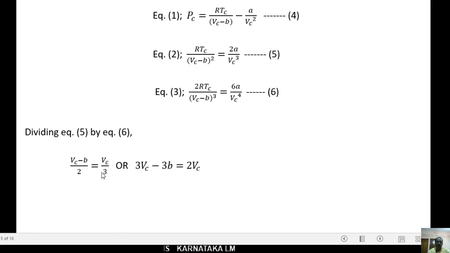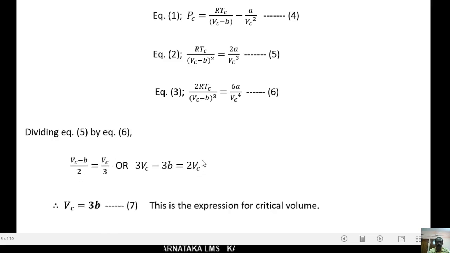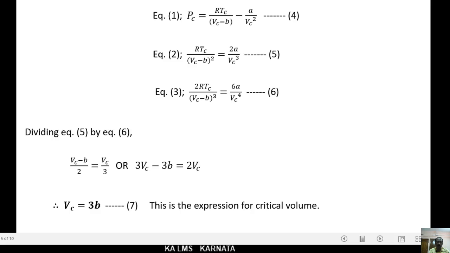Cross multiplying, we get 3 into (Vc minus b), that is 3Vc minus 3b, equals 2Vc. Therefore, Vc equals 3b. Let it be equation 7. This is the expression for critical volume.